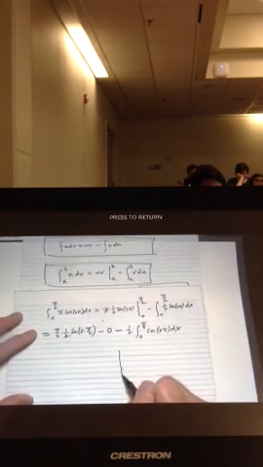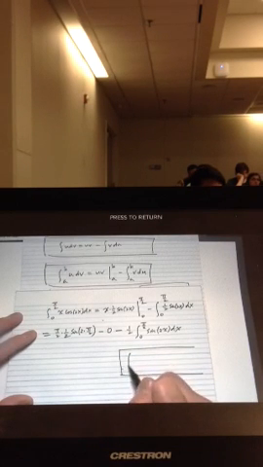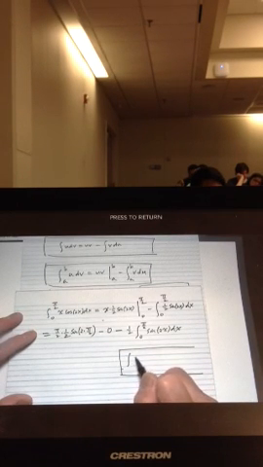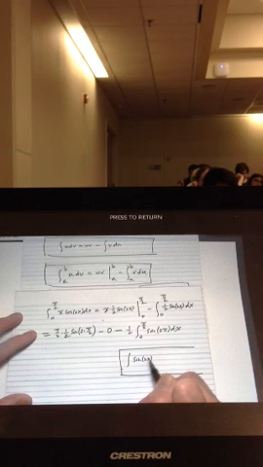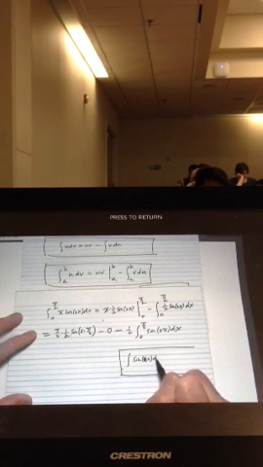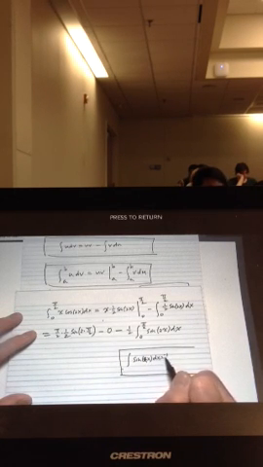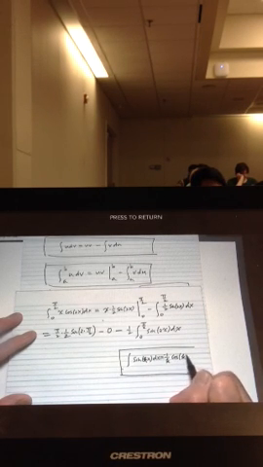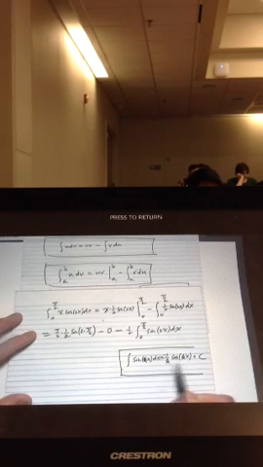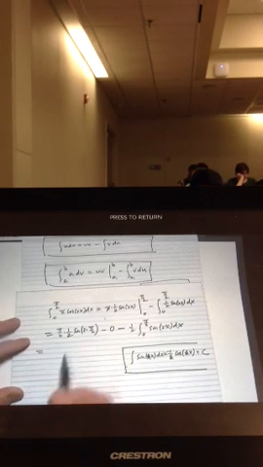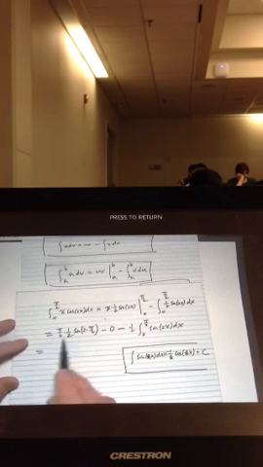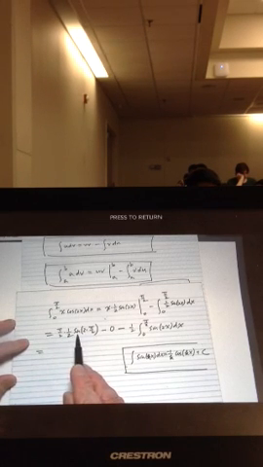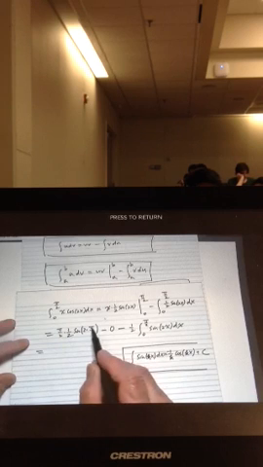Right, so I'm going to use, again, this simple rule: the integral of sine of kx dx is minus 1 over k cosine of kx. So for the first term, this is sine of pi, which is 0 as well.